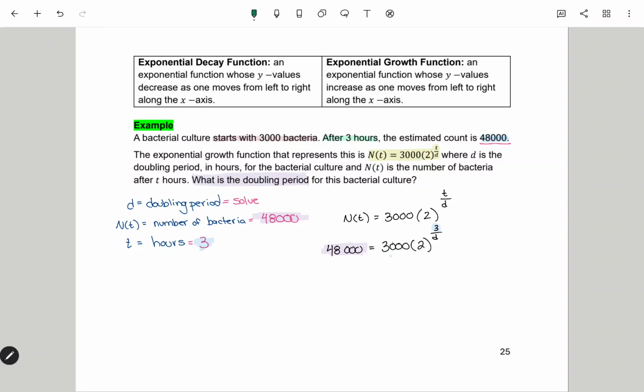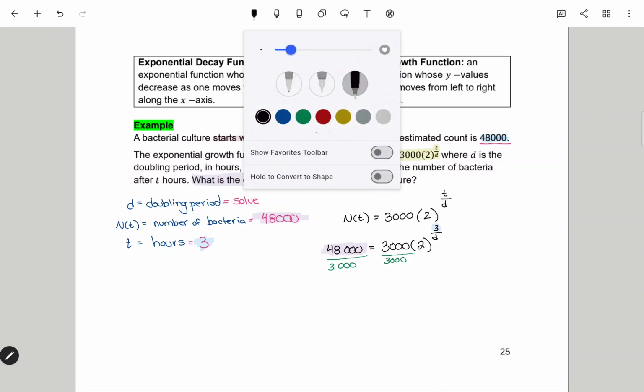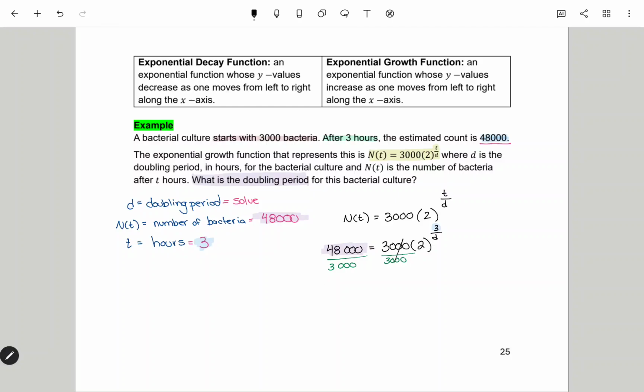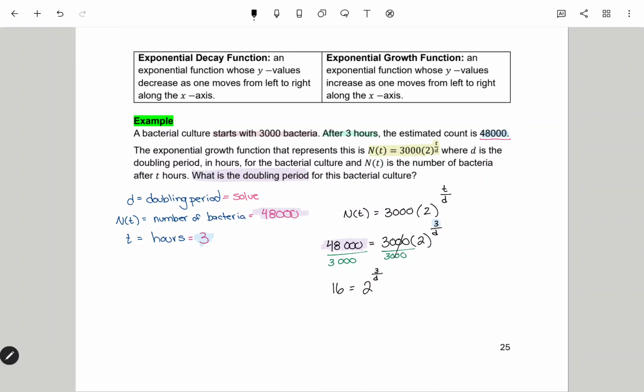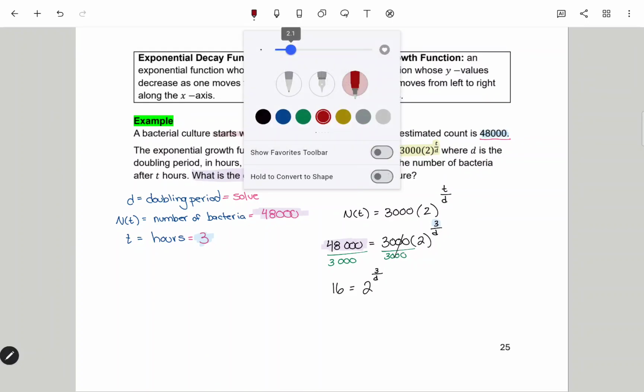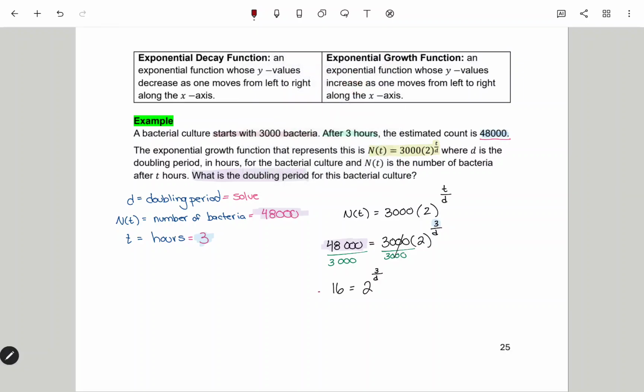I have something outside my exponent, so we're going to start with dividing both sides by 3,000. That's going to cancel out this side here, and we're going to get 16 is equal to 2 to the 3 over d. All right, we got to get that common base.